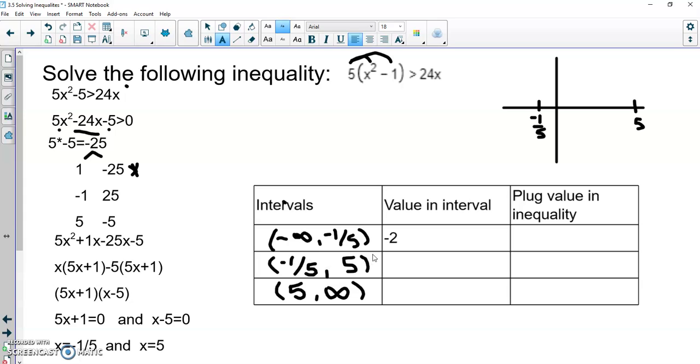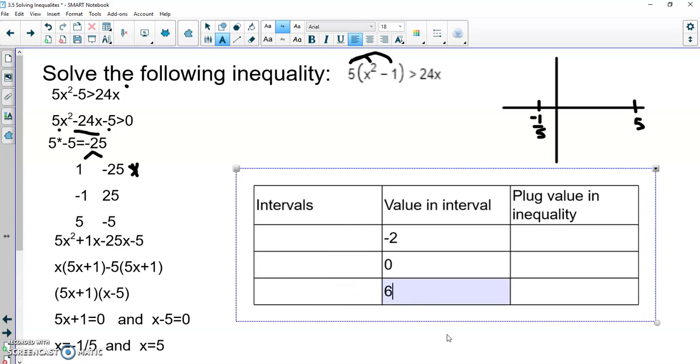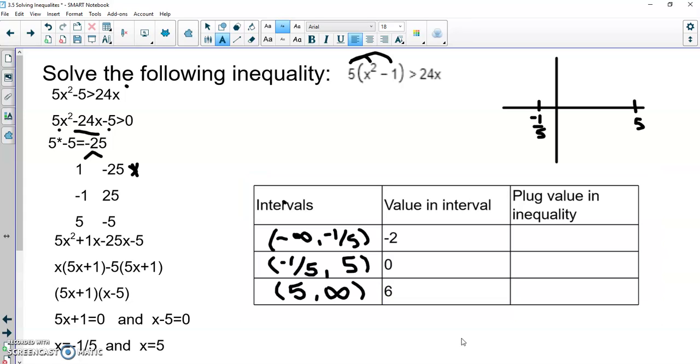Again, choose any value in the interval -1/5 to 5. It could be 1.26789, it could be 3, it could be 5, it does not matter. I'm going to choose 0 to make my life easier. And then choose any value between 5 and infinity. I'm just going to choose 6.